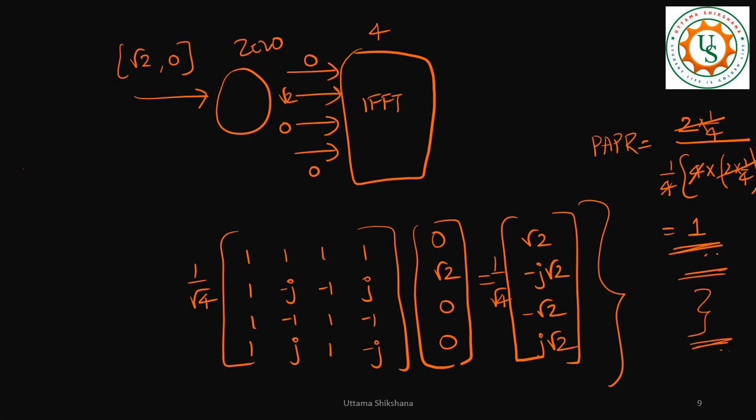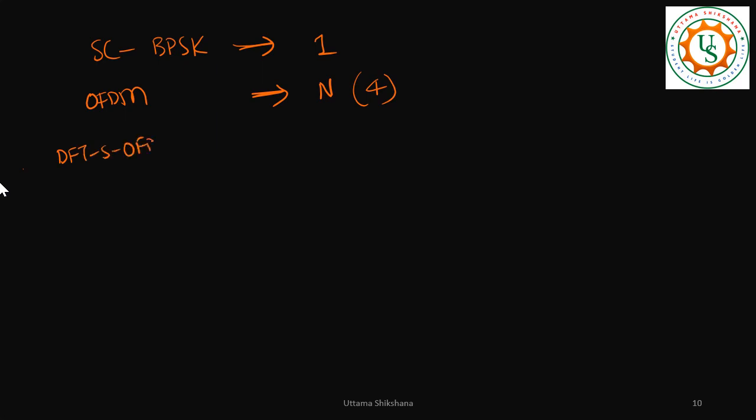So what is the comparison? Single carrier BPSK was equal to 1, and then for OFDM with the BPSK system, we got N, which is actually 4 in our case. But we wanted to see if we do DFT-s-OFDM, then this value will become less.